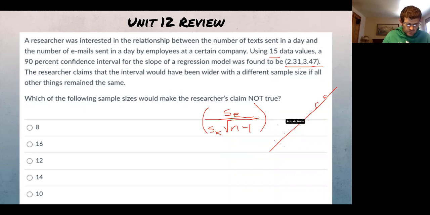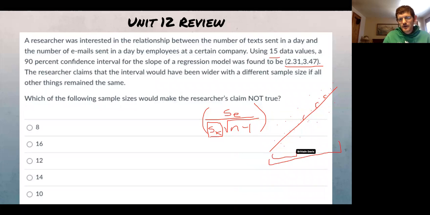If this was scattered more widely, then our margin of error goes up. The standard deviation of your X values, we want to make that bigger. So as this goes up, we want our data to spread a wide amount. If we only had data that covered this much, that's not as good for our regression line. Just keep in mind, we want to have a longer span of the data to work with.